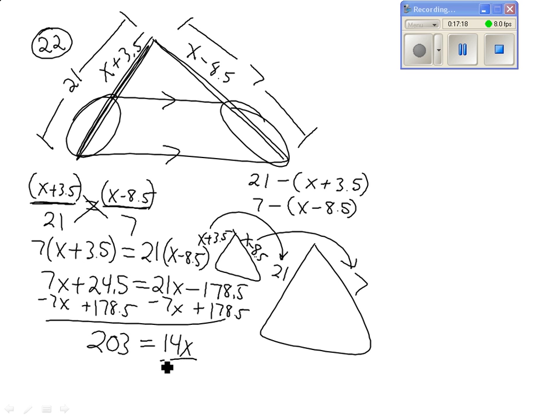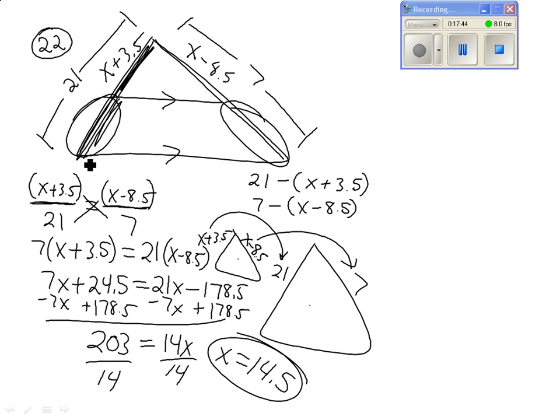Divide both sides by 14. 203 divided by 14 equals 14.5. So x equals 14.5. Again, sometimes it's easier looking at the two triangles, like here. Sometimes it's easier to just compare this part to this part, and this part to this part. Depends on the problem.